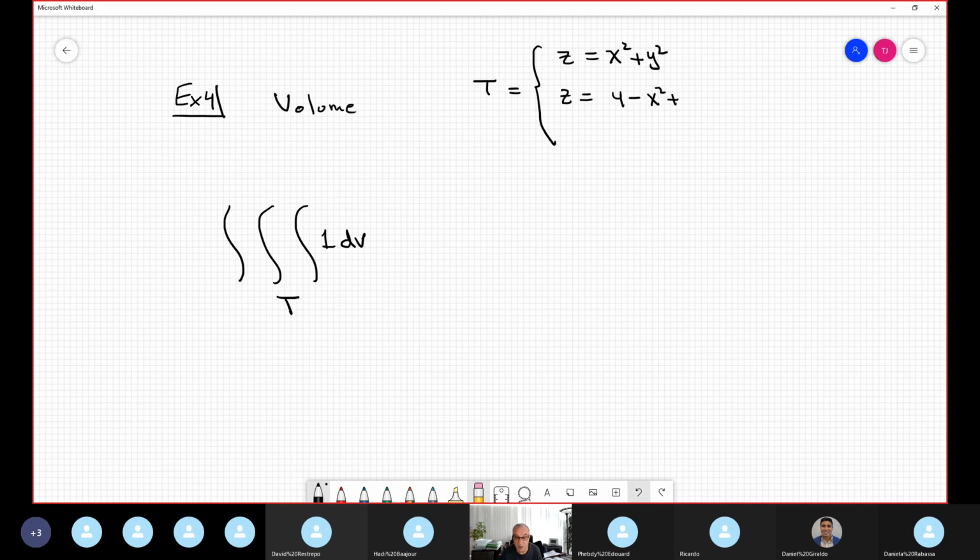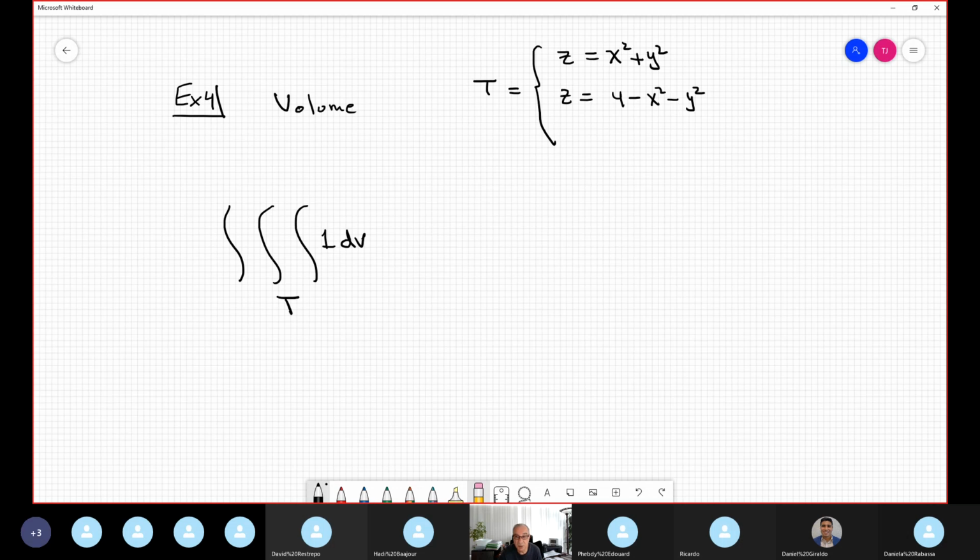Minus, sorry, both minus. And that's it. It is the solid formed by two surfaces. It's easy. z is isolated in both.